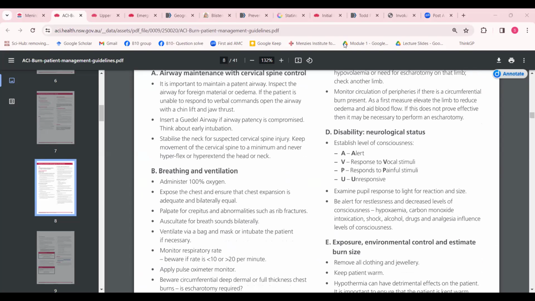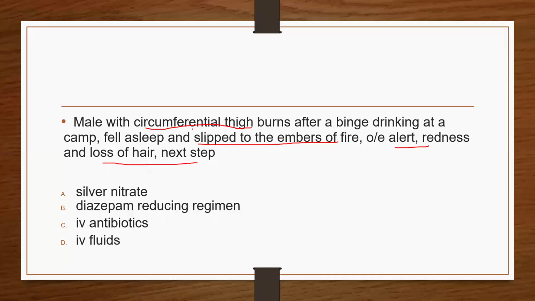Okay, now going to our patient. Dr. Fatima has correctly calculated the percentages in the chat box. You can calculate the burn percentage, whatever it is. Now here, circumferential thigh burns. On examination, alert, redness.